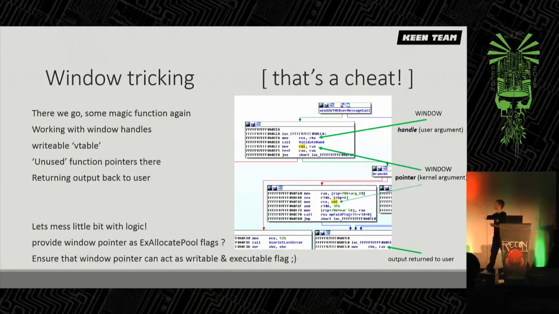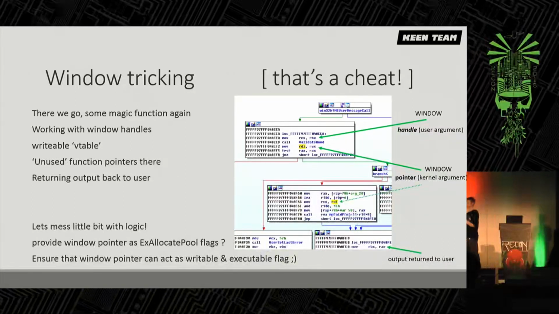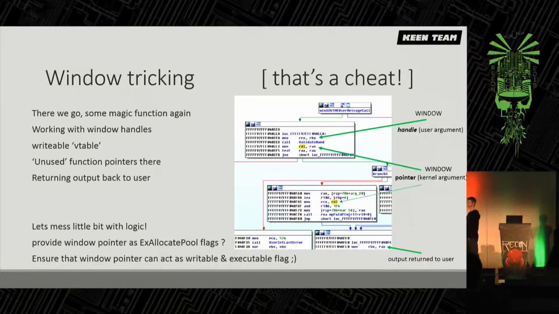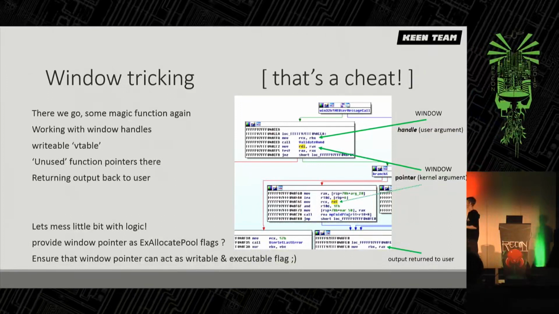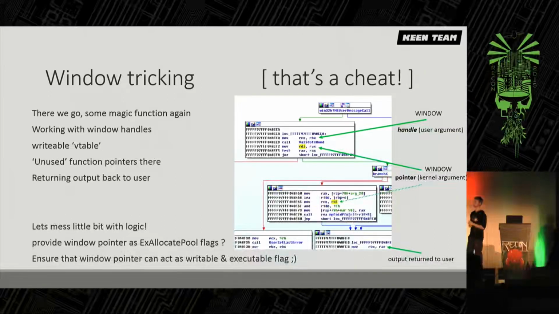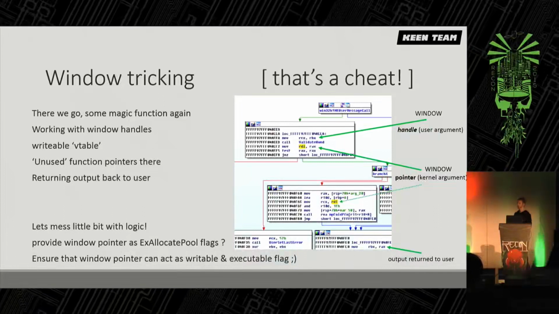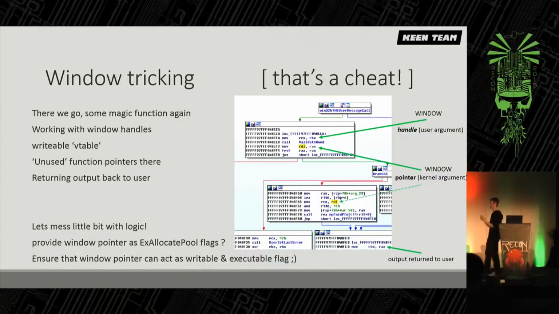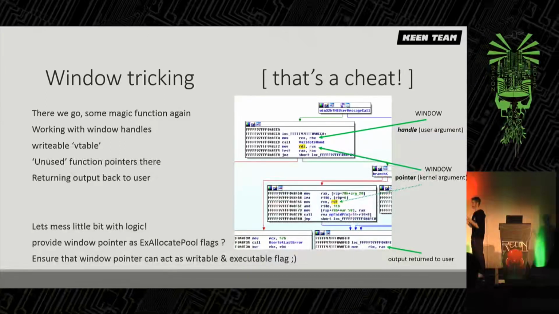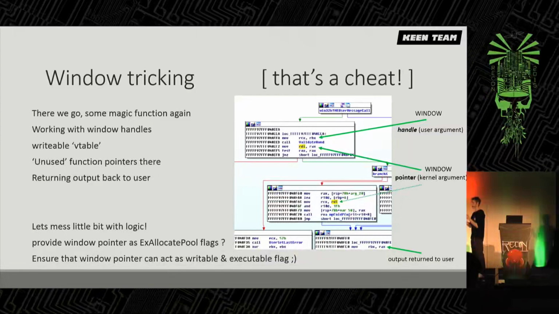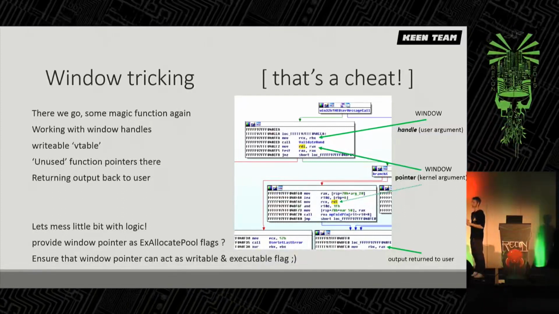Later the ValidateHwnd procedure is called, which translates this handle to a kernel mode pointer, and this kernel mode pointer is provided as the first argument to this virtual call. That means when you are able to get a handle which, after translation to a kernel pointer, can be interpreted as a flag with read, write, and execute, you can win.